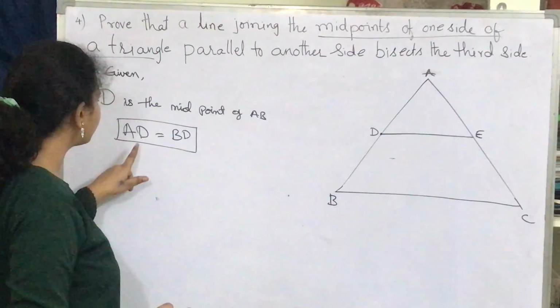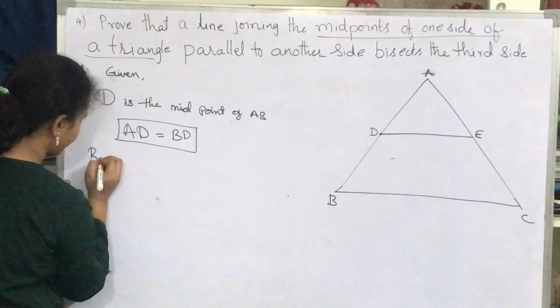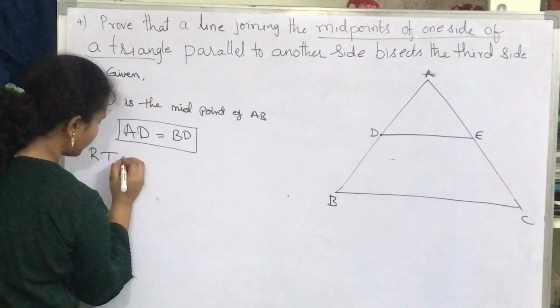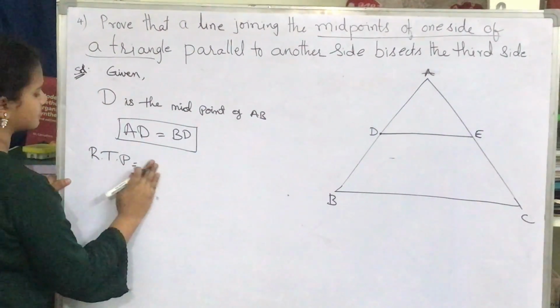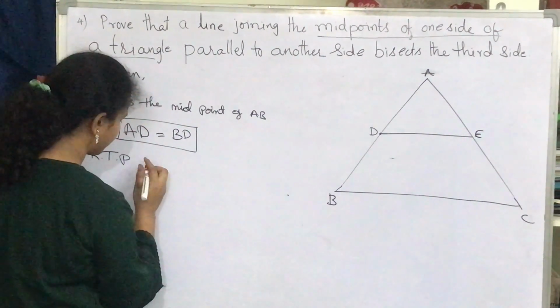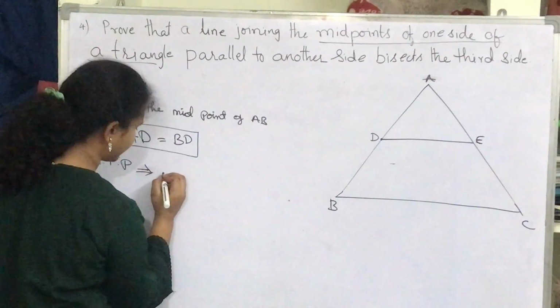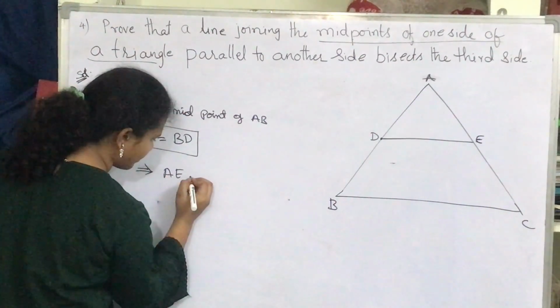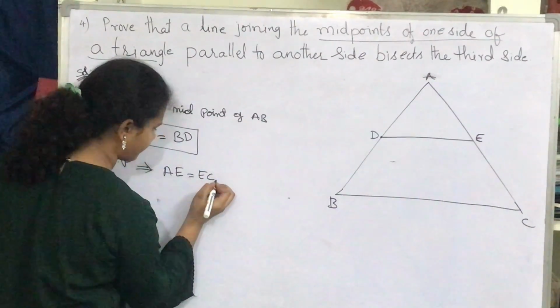Now here we must prove what? Required to prove, let me write RTP. Required to prove is what? We need to prove that AE equals EC.